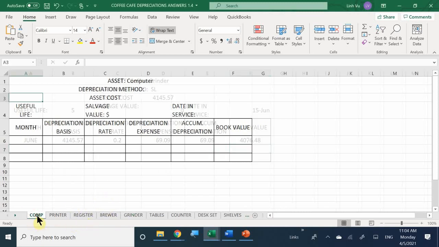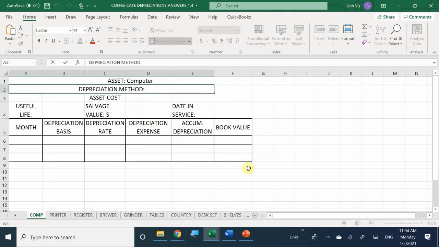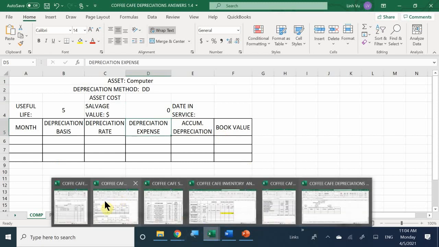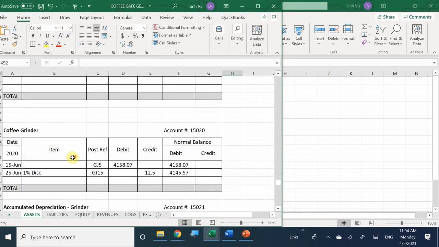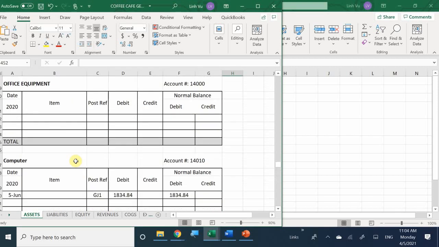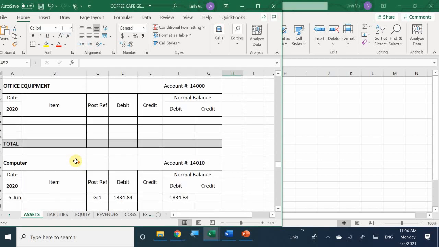So my computer. Okay, once again, my method is double declining. Okay. Useful life is 5 years with no salvage value. So let's go ahead and find out how much my computer was worth in the first place. All right, so here we are, register.